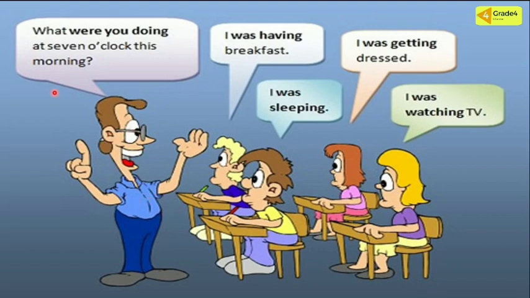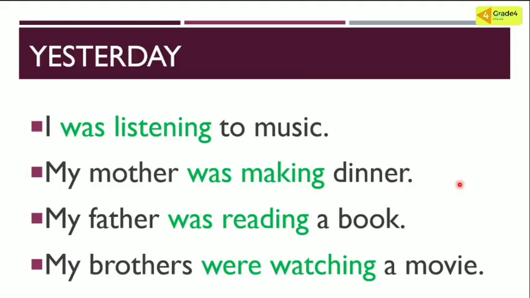The teacher asked the students, "What were you doing at 7 o'clock this morning?" And then the students answer, "I was having breakfast, I was sleeping, I was getting dressed, I was watching TV." This is the example of the past continuous.